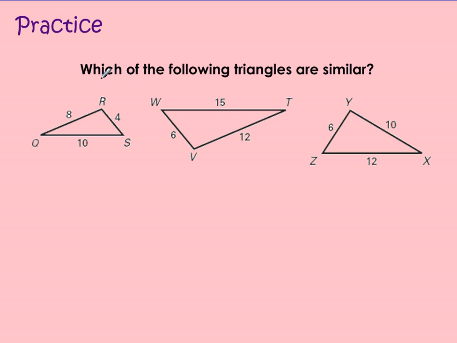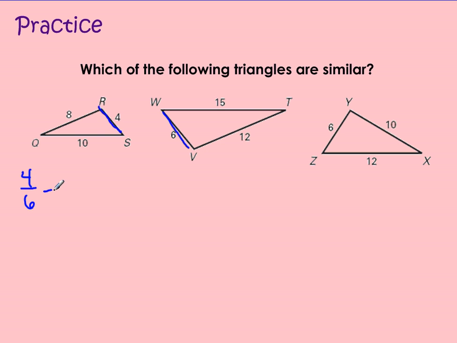So here we have a question asking us which of the following triangles are similar. And we have three different triangles. So first I'm going to go ahead and check to see if QRS is similar to WVG. And we're given side lengths, and the best way to see if they're proportional is to go ahead and match the smallest or the shortest sides with one another.